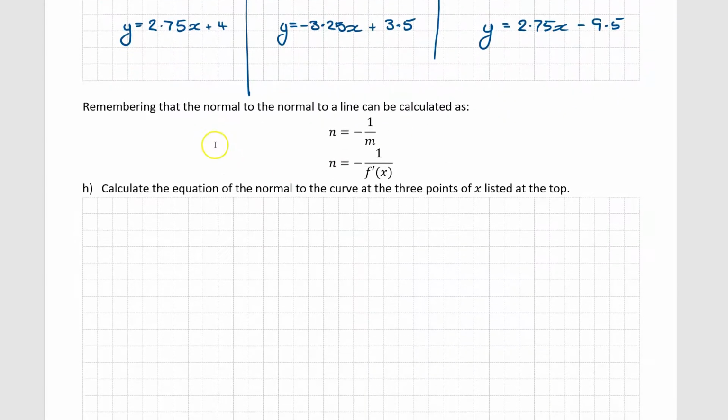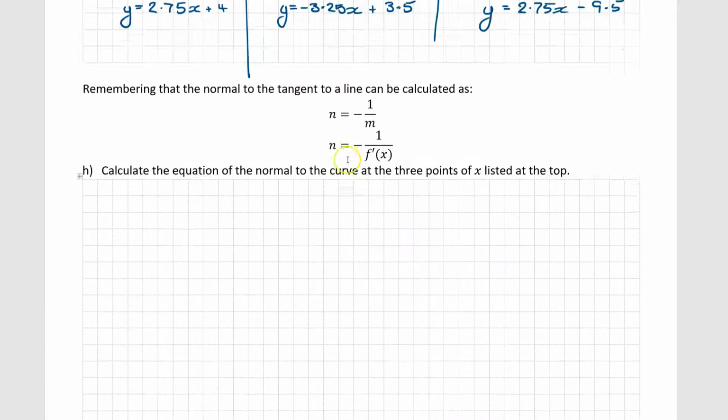Now, the second part is remembering that the normal to the tangent to a line can be calculated as n equals negative 1 over m, or n equals negative 1 over f dash of x.